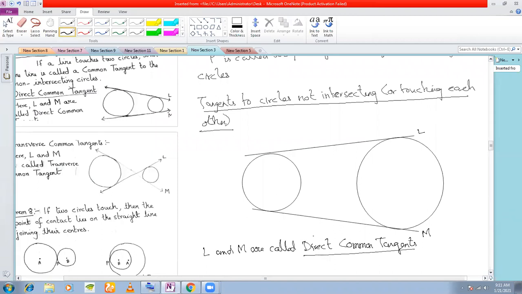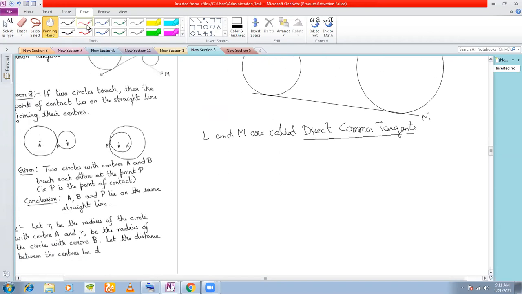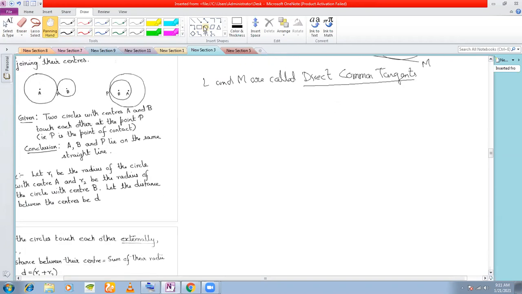Another type of tangent that is possible for intersecting circles is called a transverse common tangent.